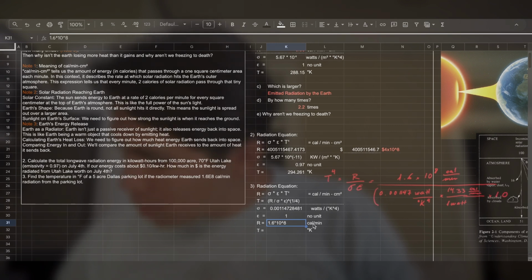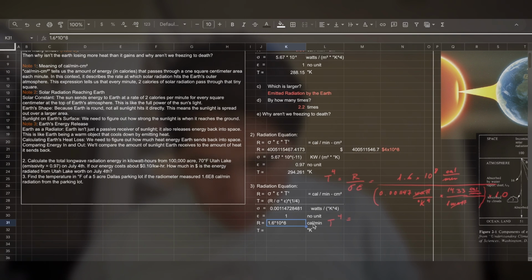So this part is sigma, and we are canceling the watts. This is going to be T to the fourth equals 1.6 times 10 to the 8 degrees Kelvin to the fourth.